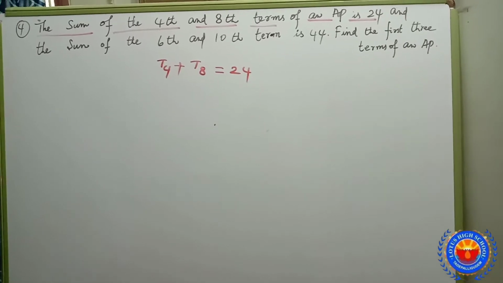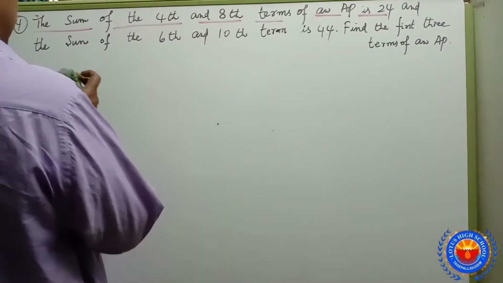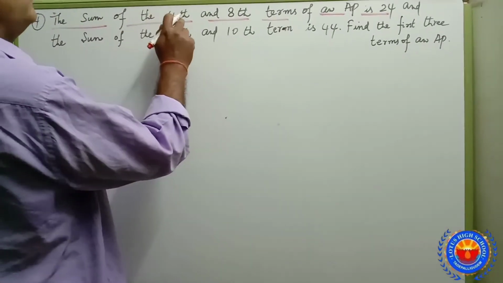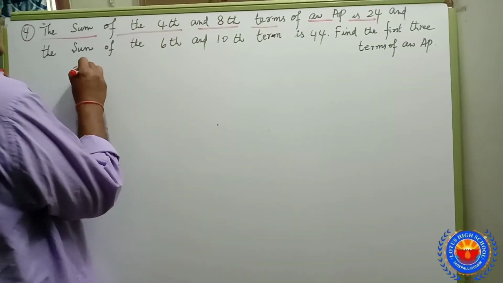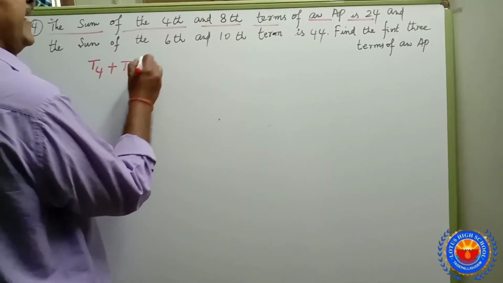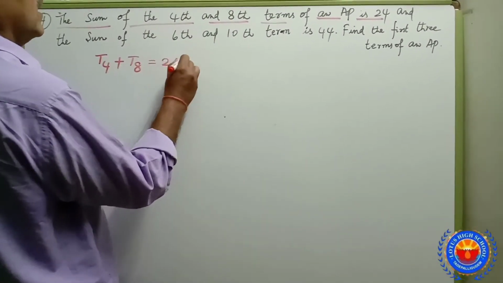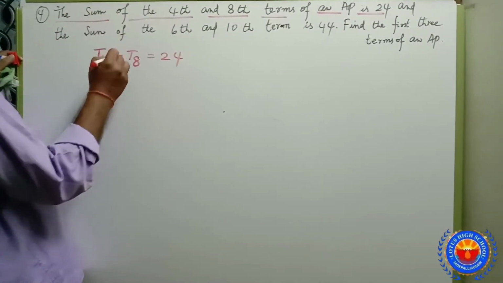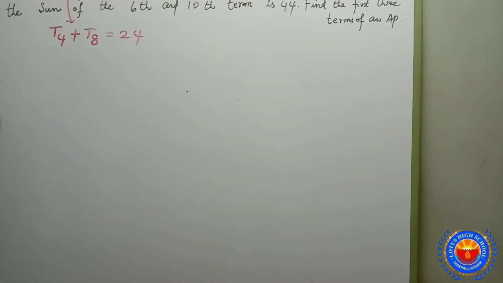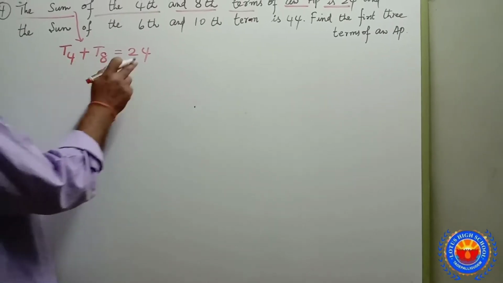Once again, I'll explain. The first condition is underlined by me: the sum of the fourth and eighth, T4 plus T8, is 24. For the sum I'm using this plus symbol. So this is the first statement.